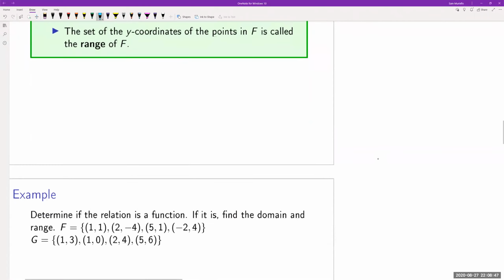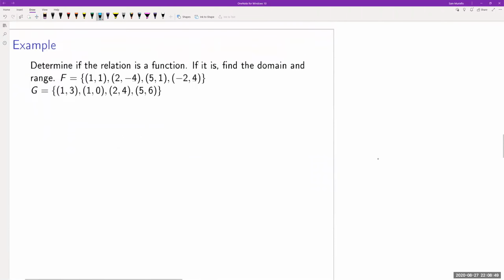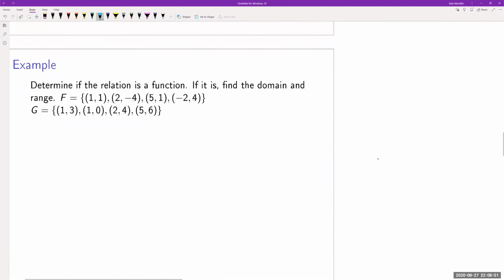We'll start simple here. I've got 2 different relations, f and g, and I would like to find the domain and range of each if they are a function. Let's take a look at f, and we're going to look at each of these 2 graphically first. F looks like it goes up to 5 in each direction, so we'll start by labeling our axes and throwing a scale on.